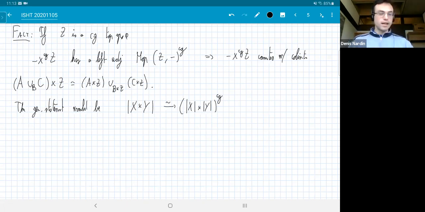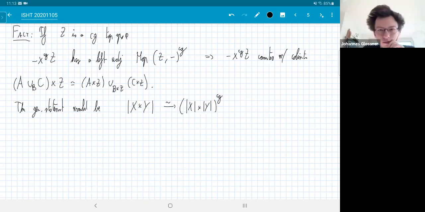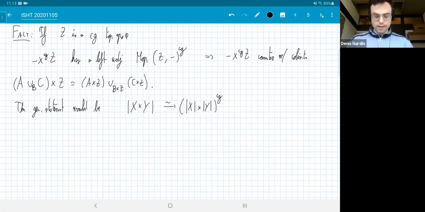Okay. Further questions? Excuse me, could you maybe explain a little bit why this is the compact generation of the product and not the compactly generated product in the last statement? Oh, that's the same thing as the compactly generated product.